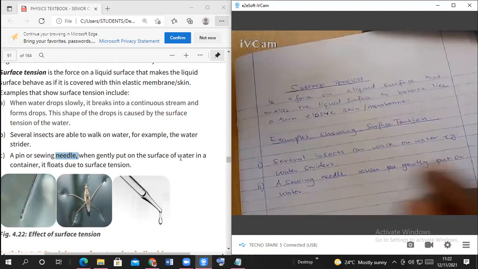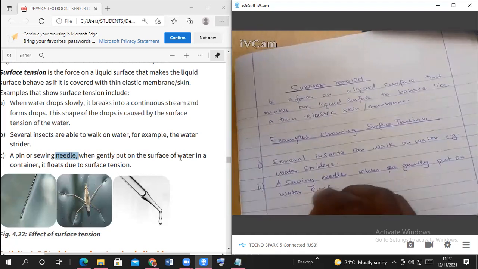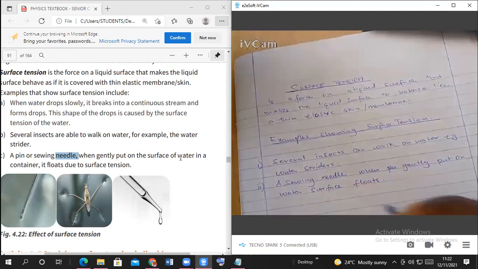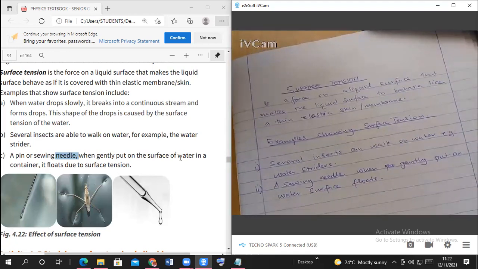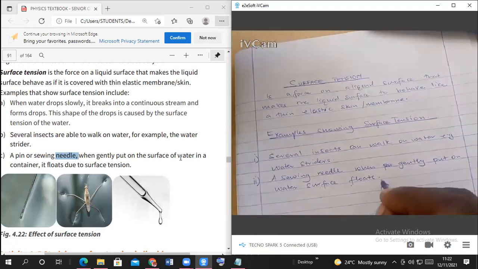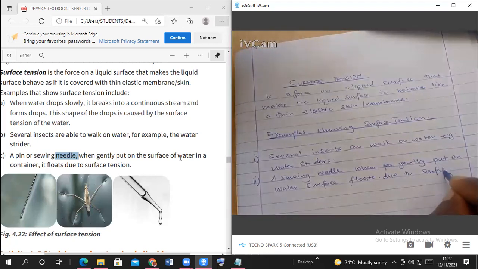So if you have a sewing needle and you gently place it on a water surface, this needle is going to float. The reason is it is due to surface tension.